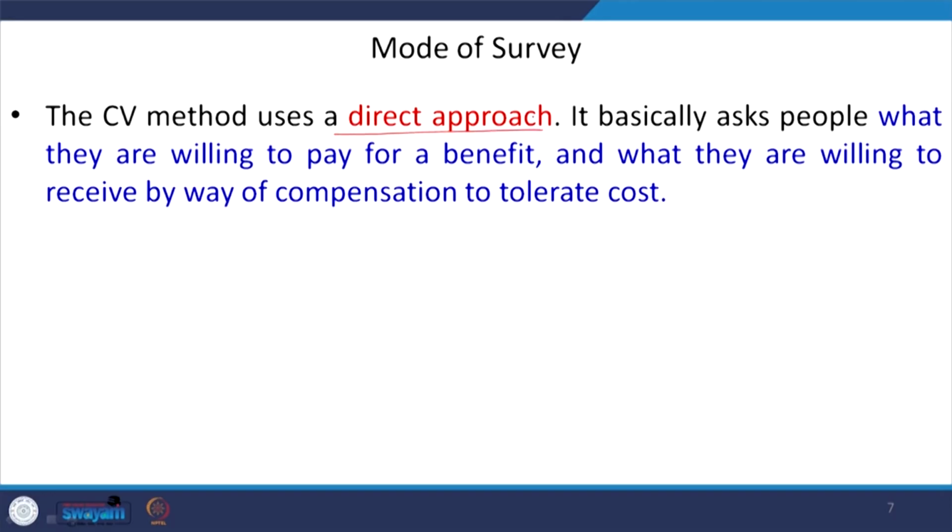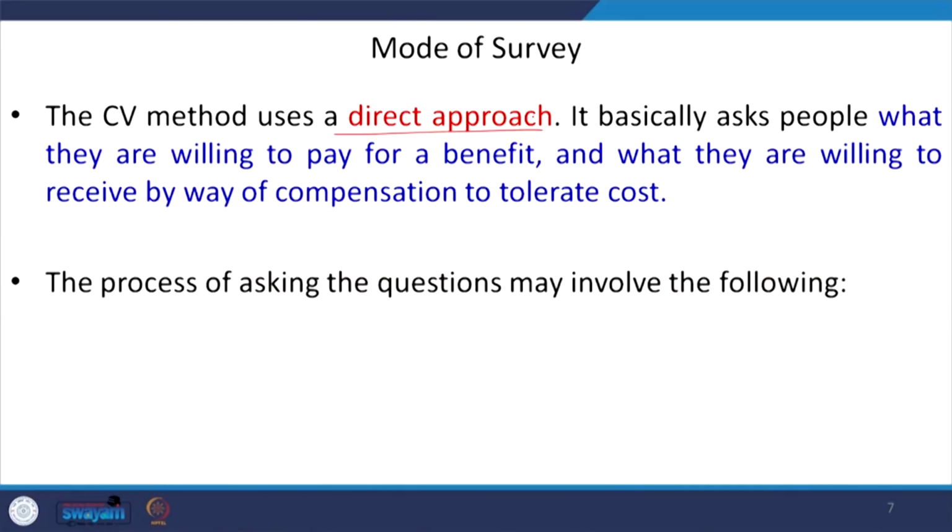It basically asks individuals what they are willing to pay for a particular benefit, or what they are willing to receive or accept by way of compensation if they are not going to get this benefit and they have to tolerate the cost.